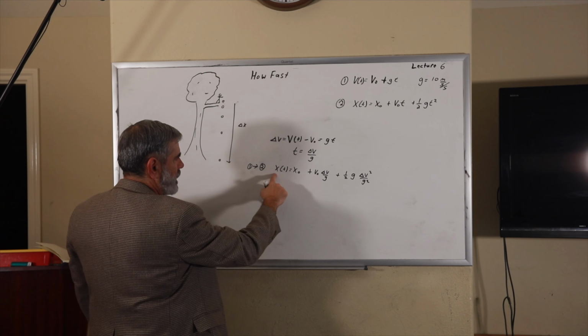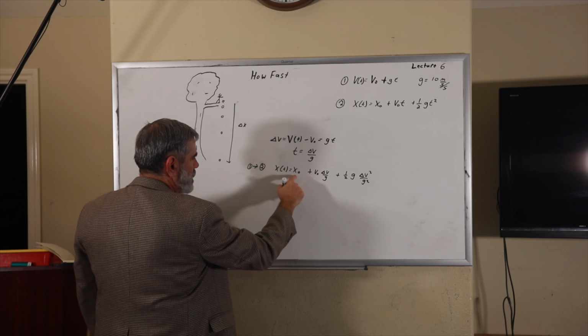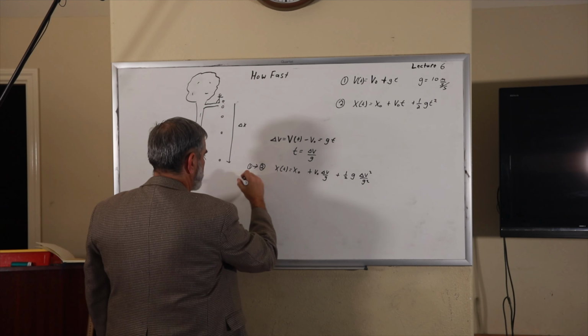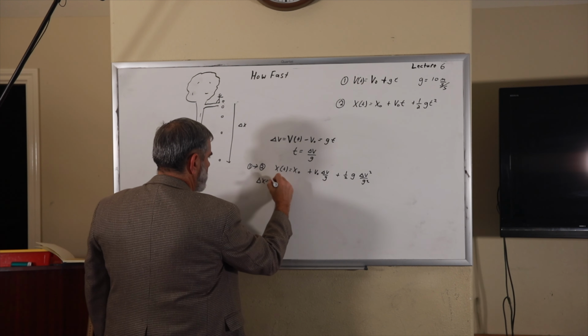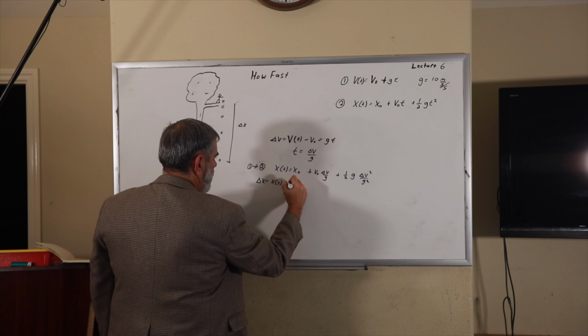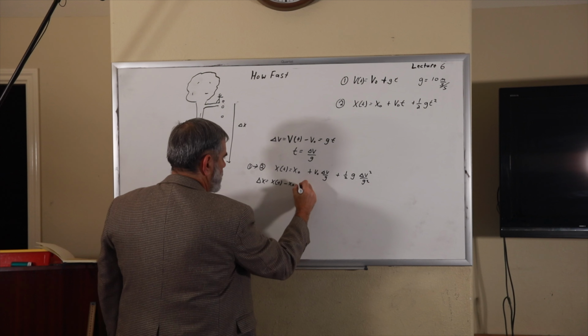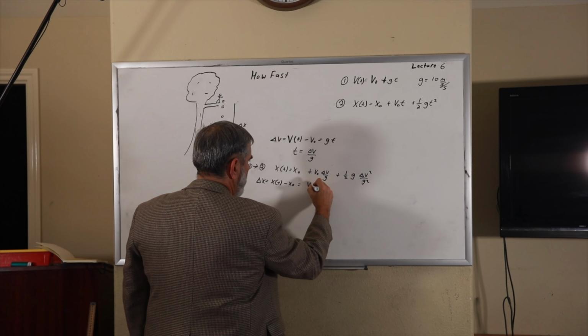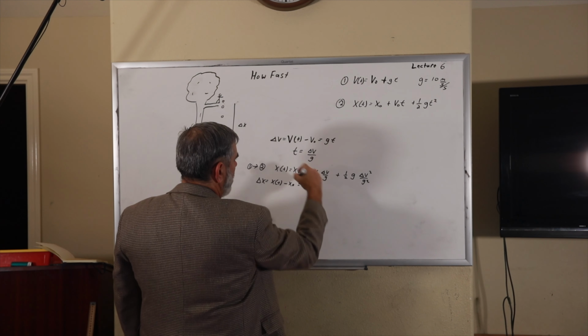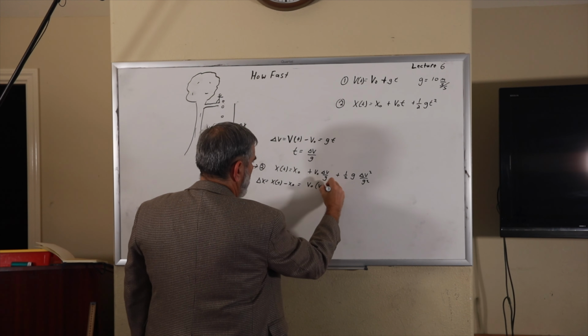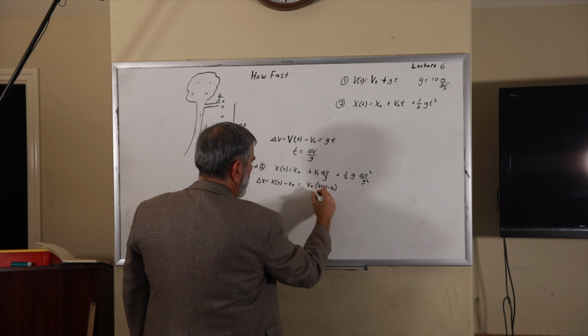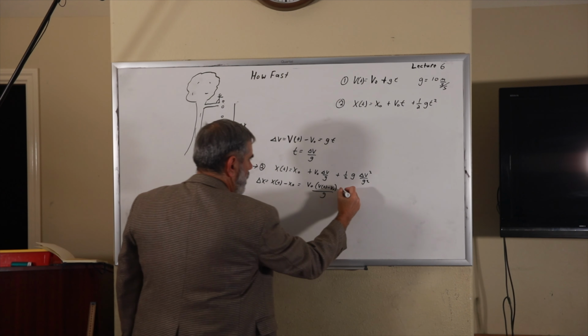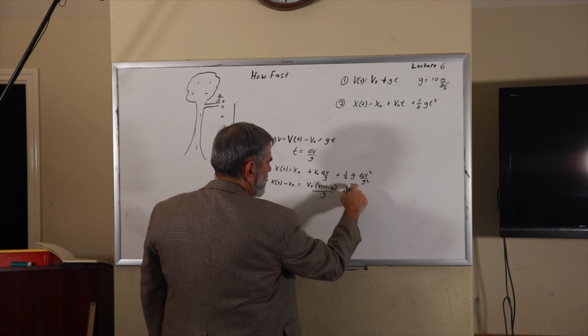Now we're going to simplify a little bit. I'm going to take x of t and subtract x naught from both sides of this equation, so I get a delta x, because remember that delta x is equal to x of t minus x naught, which is going to be equal to v naught times delta v, but now I'm going to substitute in for delta v, v of t minus v naught divided by g, plus 1/2. I'm going to simplify the g's here.